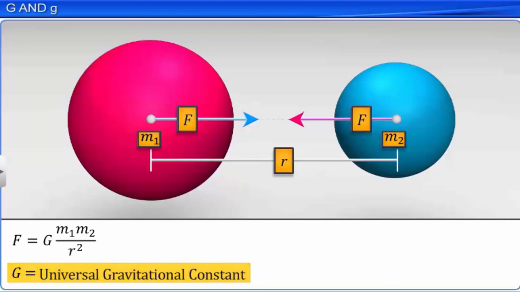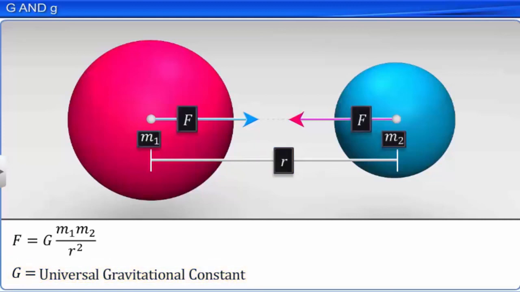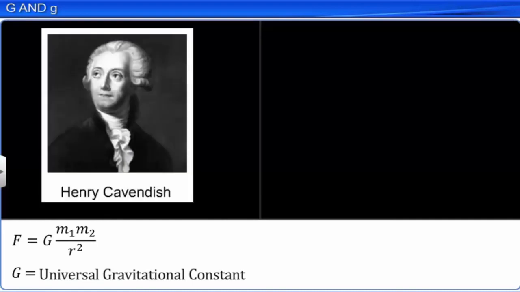In the expression, G is referred to as a universal constant, as its value is constant in any place in the universe. The value of G was experimentally found by Henry Cavendish during his effort to find the density of the Earth.